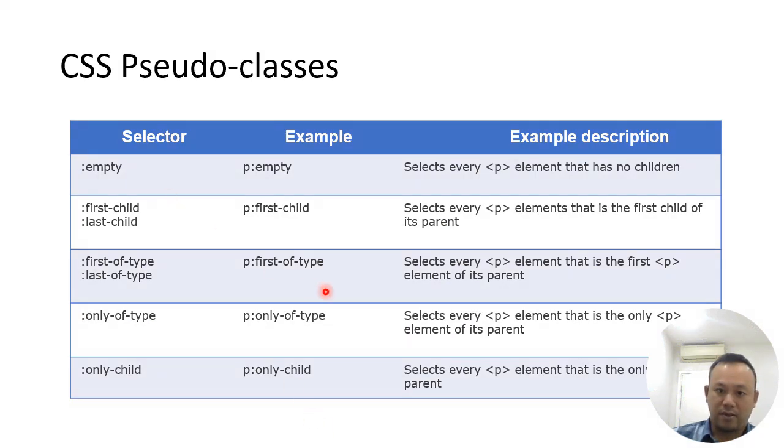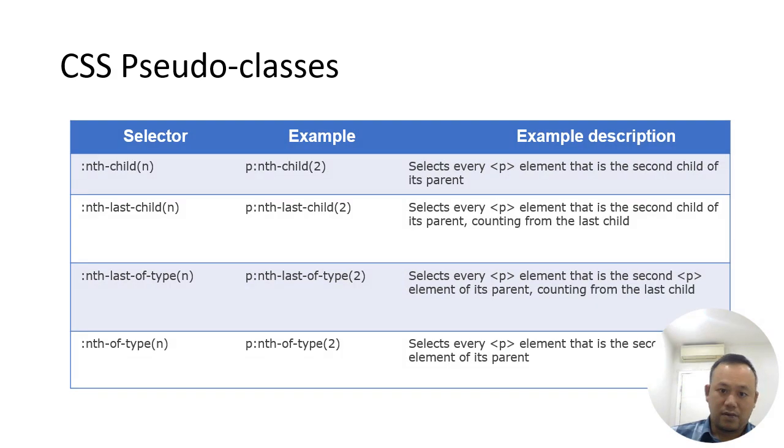We have empty, for example, this is an example. Empty means we select every paragraph element that has no children. We have only-of-type like this. Okay, these are also some pseudo-classes, and you can go to w3.org to learn more about this.